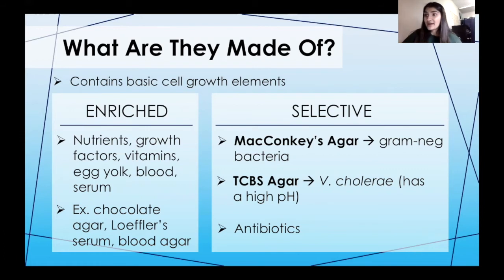Additionally, if you know that a microorganism is resistant to a certain antibiotic, this can be used to their advantage. For example, if the organism is resistant to ampicillin or tetracycline, then that antibiotic can be added to the medium to prevent other cells from growing that do not possess this resistance.